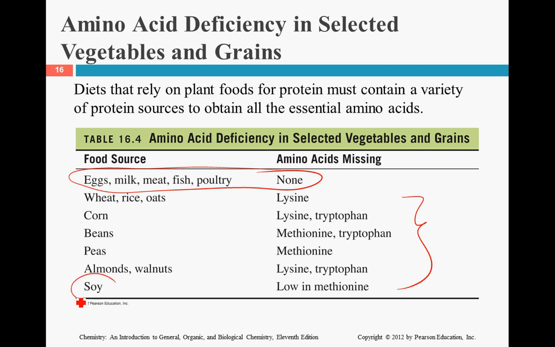And even if you eat tofu, which is soy, you might still be getting a deficiency. So make sure that your patients that are vegetarians are taking the vitamins that they need so that their bodies can function properly. And that is the introduction to amino acids and proteins.